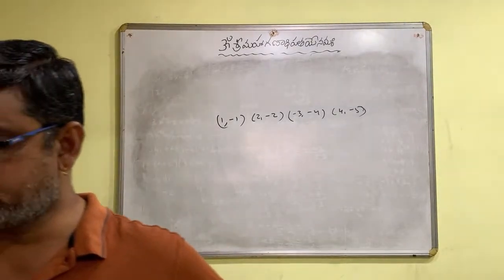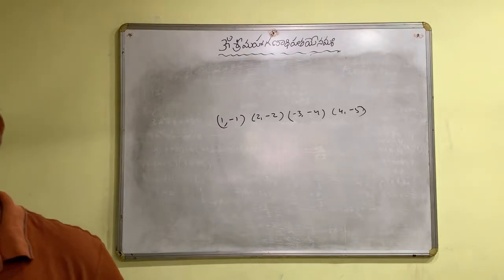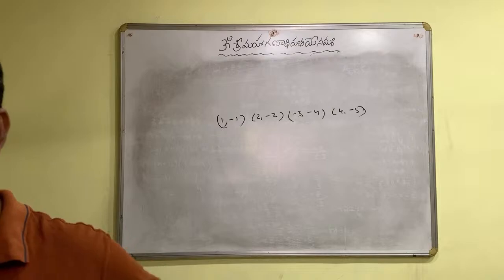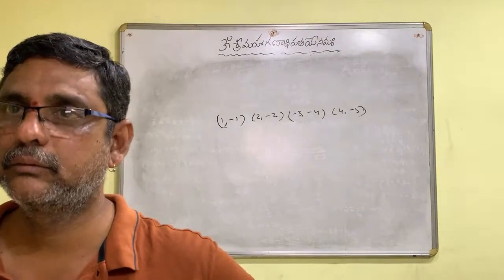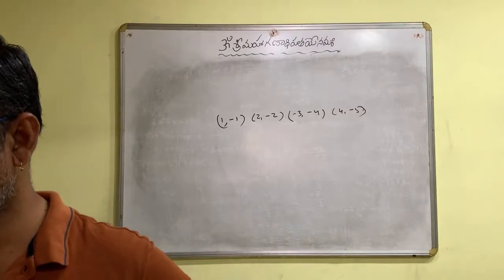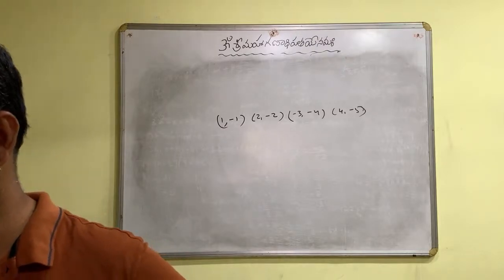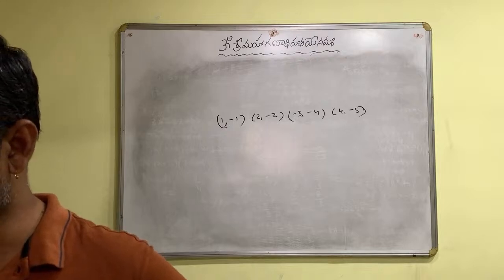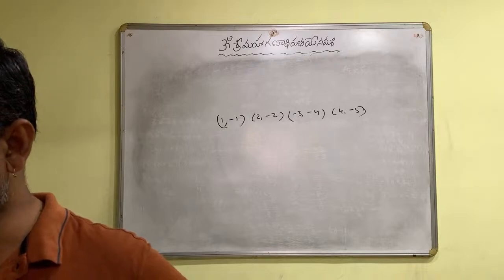The points 1 comma -1, 2 comma -2, -3 comma -4, 4 comma -5: all lie in the second quadrant, all lie in the third quadrant, all lie in the fourth quadrant, or do not lie in the same quadrant.